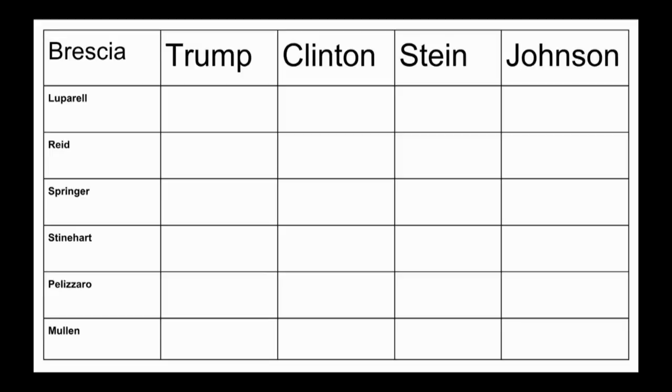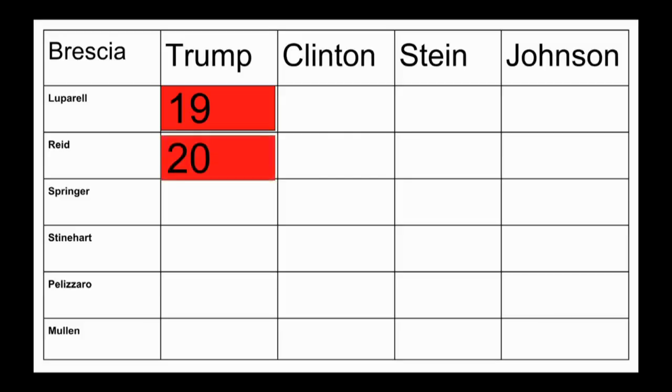In Mr. Luperel's class, most people voted for Trump, so Trump gets all 19 electoral votes. In my advisement, Mr. Reed's, the majority of the votes were given to Trump, so he received all 20 of our electoral votes. Springer had a majority for Clinton, so all 20 to Clinton.